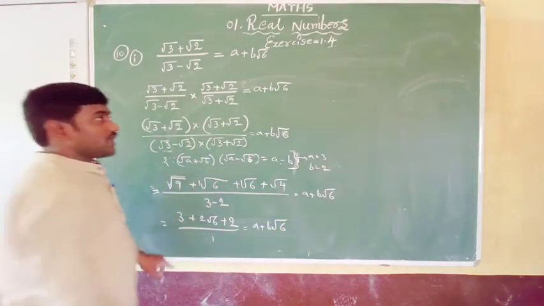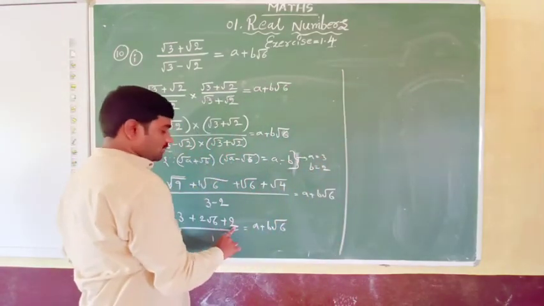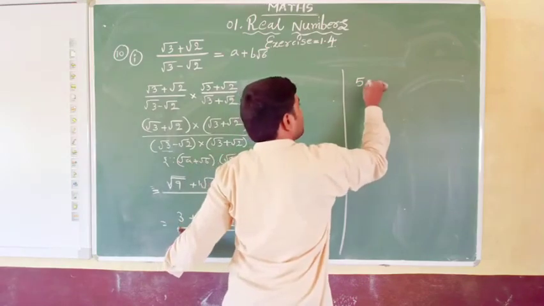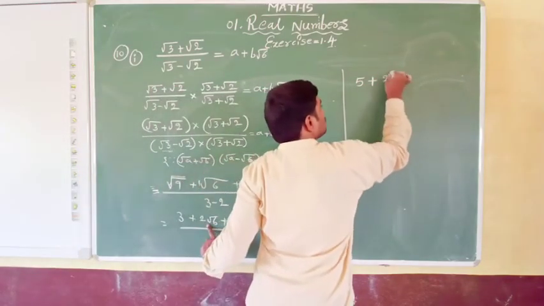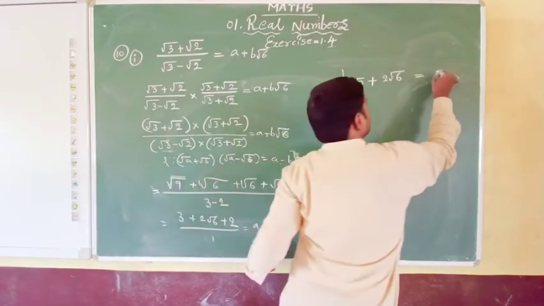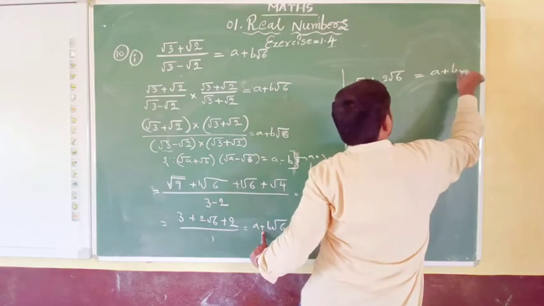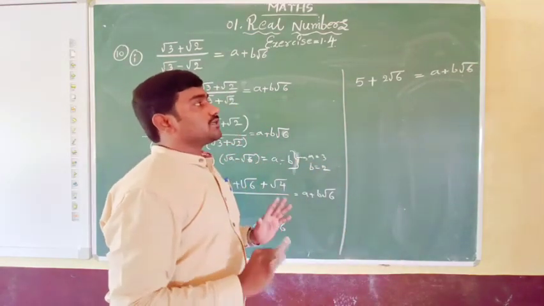Now, let us compare the numbers. As we got, 3 plus 2 is 5, so 5 plus 2 root 6. Dividing by 1 is not required here. At last we also have a plus b root 6. Simple.